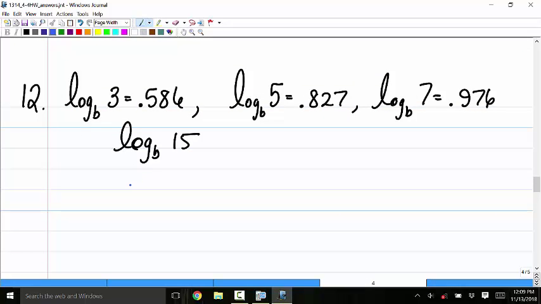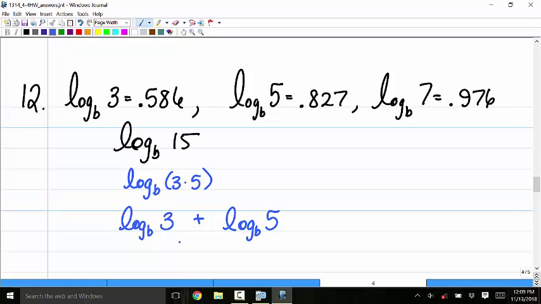You're going to write this as log base b of 3 times 5, which is log base b of 3 plus log base b of 5. Log base b of 3 is 0.586, plus 0.827. What do you get?